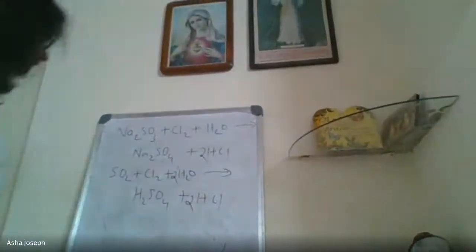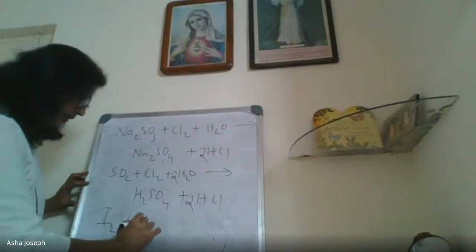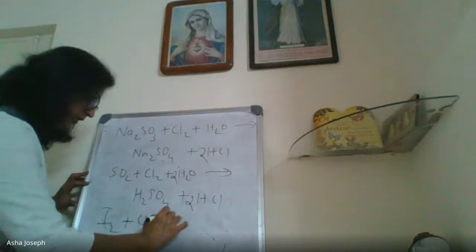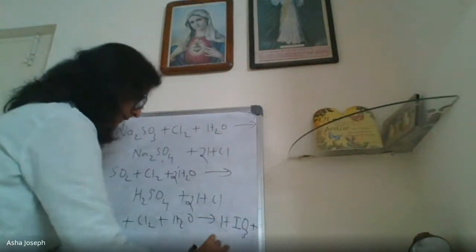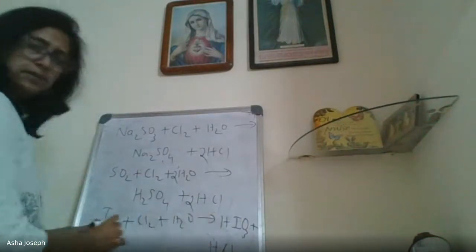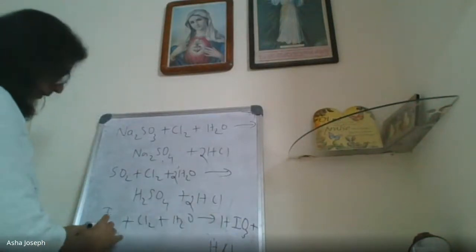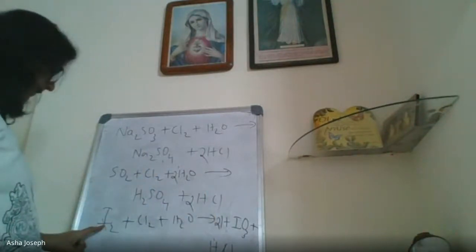Or iodine. One more is there. That also I will write. Iodine plus chlorine water gives HIO3 plus HCl. Now iodine 2 here. See how I am balancing? Iodine 2 here, so I write 2 here. So that is balanced.